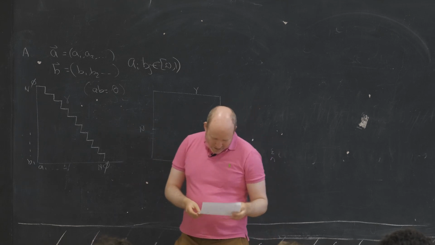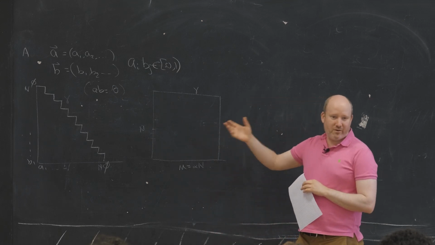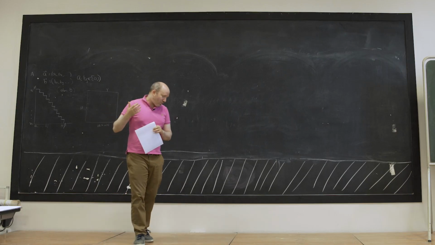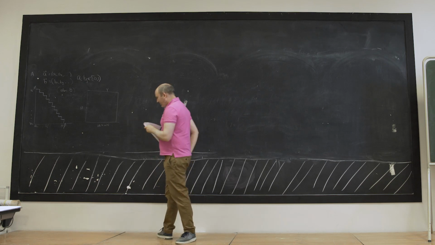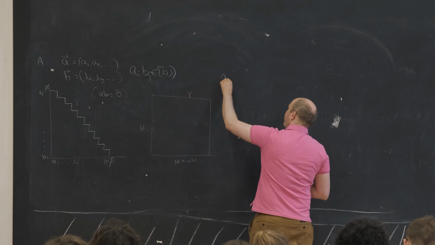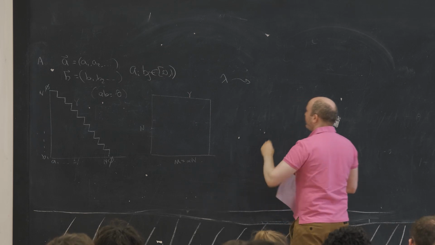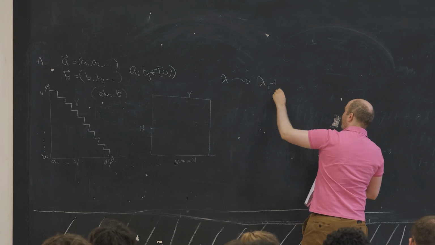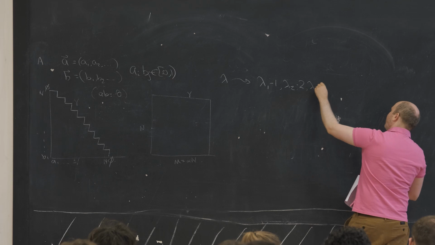So maybe let me start by giving you a way of visualizing this measure in what I would consider a more appealing way, which is really to visualize it in terms of non-intersecting paths. Let me describe that. To any partition, you can associate to it a shift where you take lambda 1 and you subtract 1 from it, lambda 2 and you subtract 2, lambda 3 and you subtract 3, and so on.